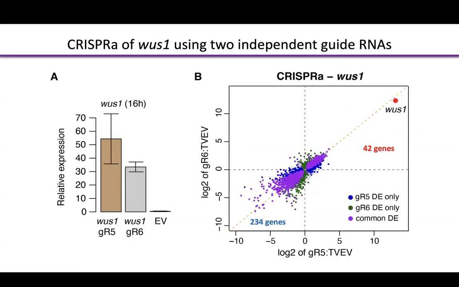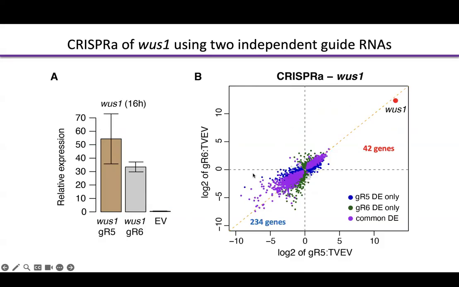To first demonstrate this CRISPRa method, we tested several transcription factors, including WUSCHEL1. WUSCHEL1 is a positive regulator for stem cell development, but also acts as a transcriptional repressor. Here we designed two gRNAs and performed RNA-seq analysis, and these two gRNAs showed good correlation.